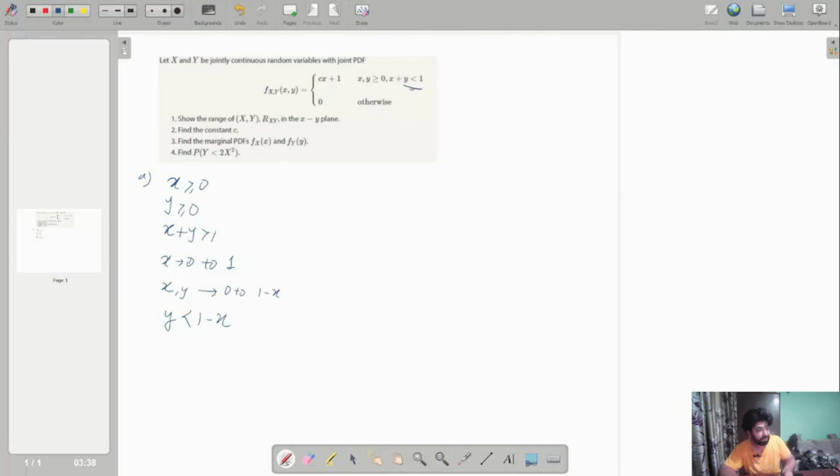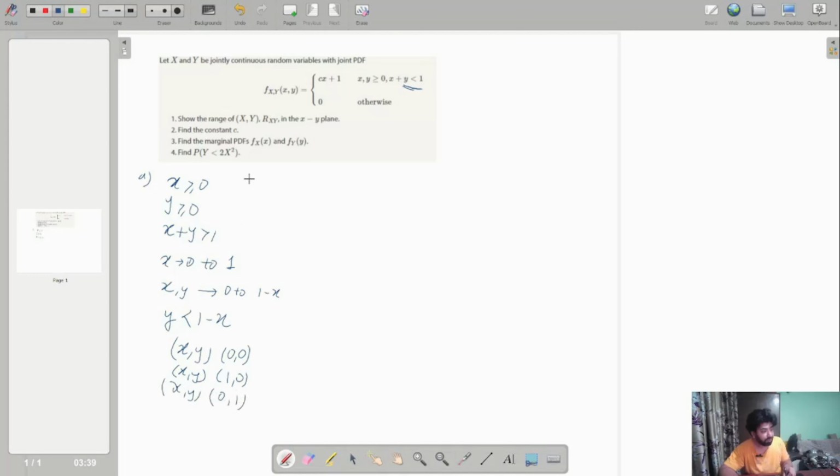Here we are given this, so that is why I can say x and y will range between 0 and 1 minus x. Now if I think of it, this will be a triangular region on x and y, because x and y can be 0 and 0, or x is 1 and y is 0, or another case where y is 1 and x turns out to be 0.